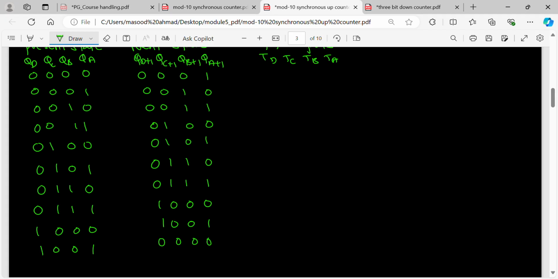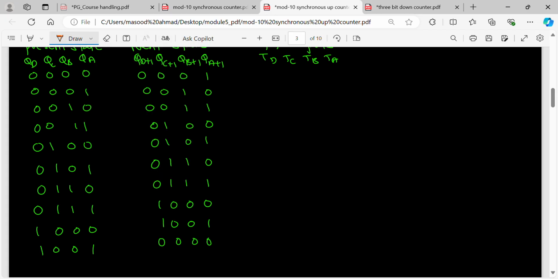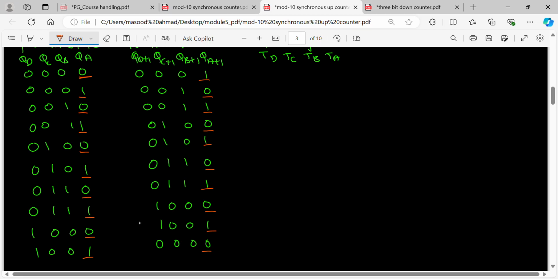Now I will compare the values. This is 0, here it is 0 and here it is 1, right? So 0, 1, 1, 0, 0, 1, 1, 0, and so on. Always it is different. What we know from the T flip-flop, Qn and Qn plus 1 give the T input.